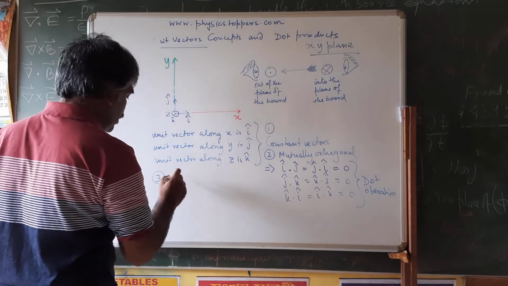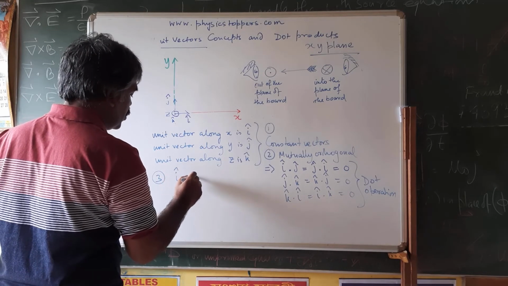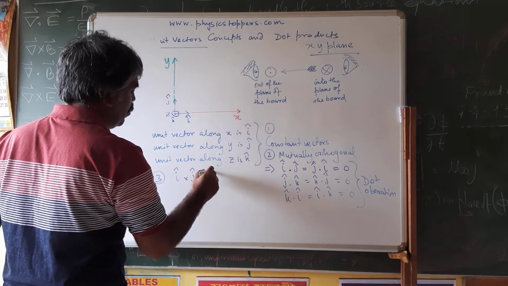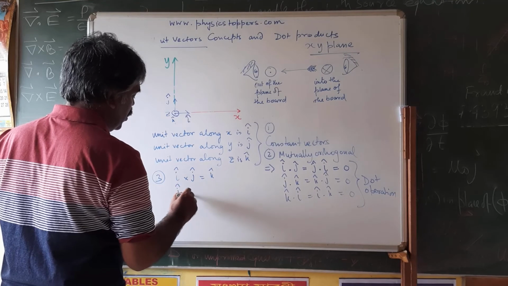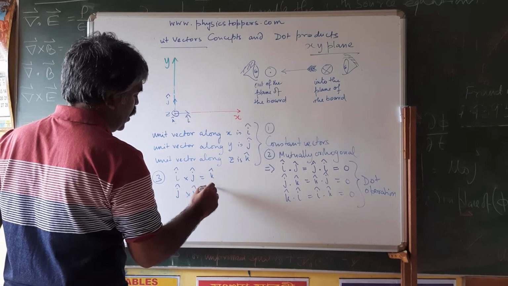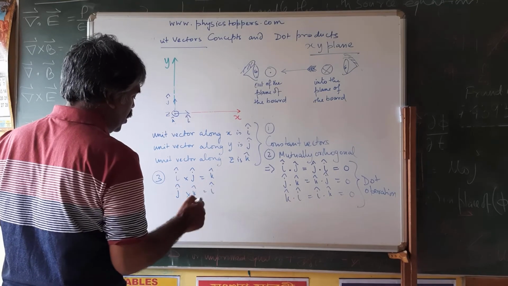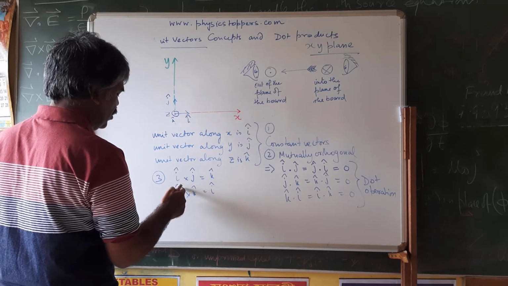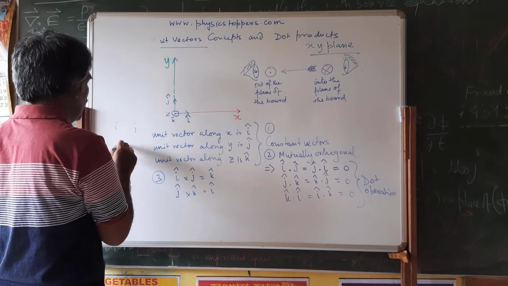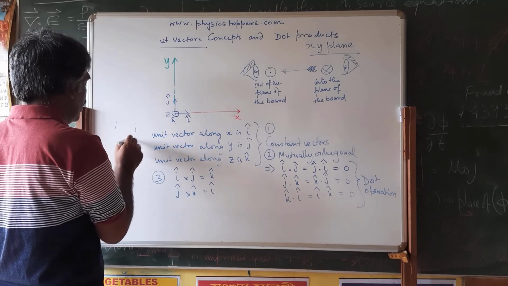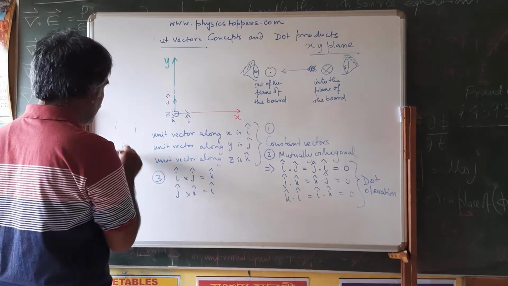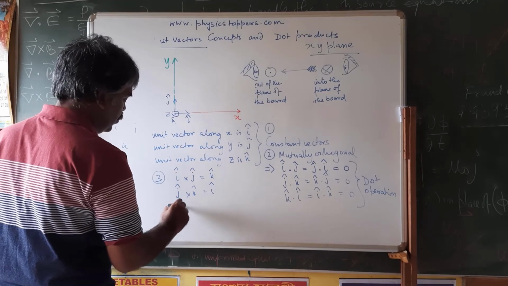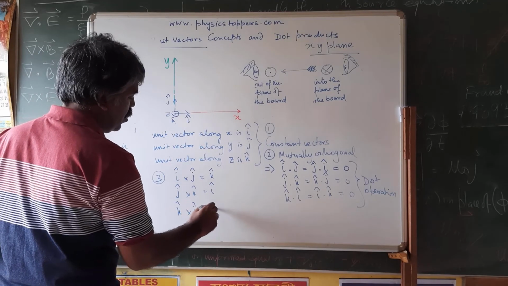It's a very symmetrical relation. i cross j is k cap, j cross k is i cap, and k cross i is equal to j cap.